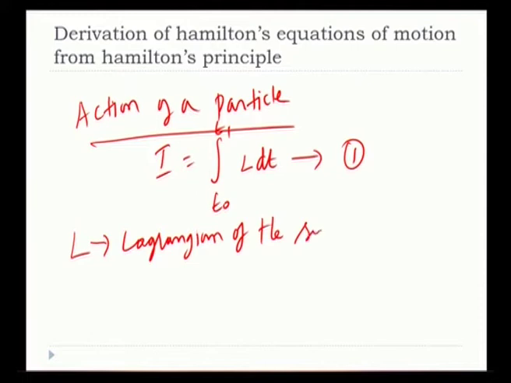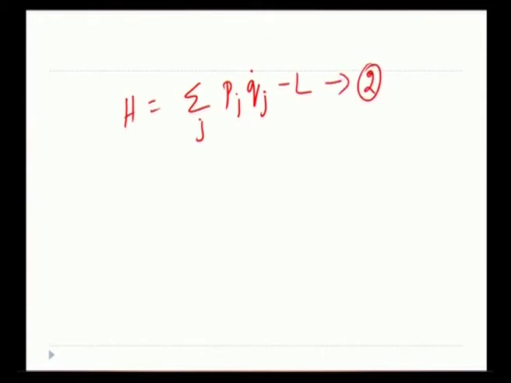Then Hamiltonian, if Hamiltonian H is a function of the momentum, the generalized coordinate and the time, then by definition we know that H is equal to summation over j pj q dot j minus L, which is the definition of Hamiltonian.